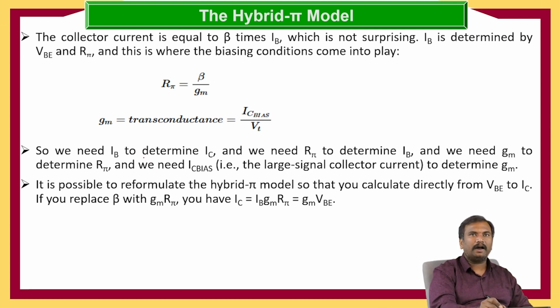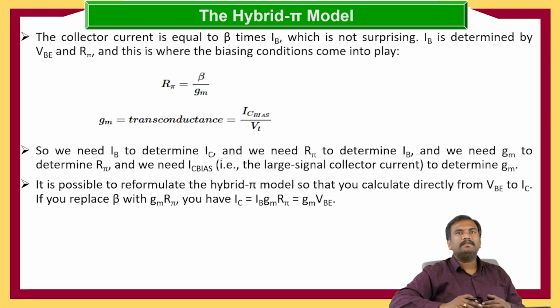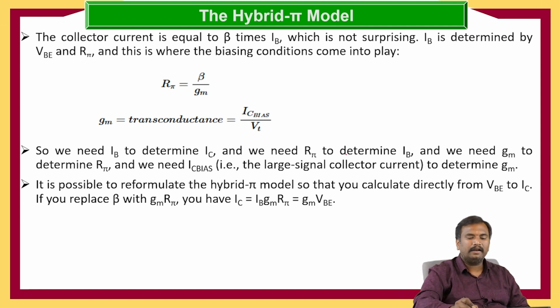So we need IB to determine IC. We need R pi to determine IB, and we need GM to determine R pi, and we need the bias collector current, that is the large signal current, in order to determine GM.